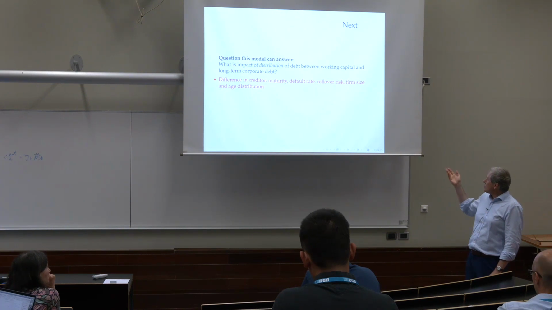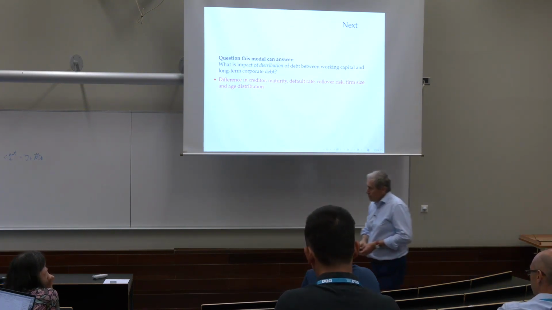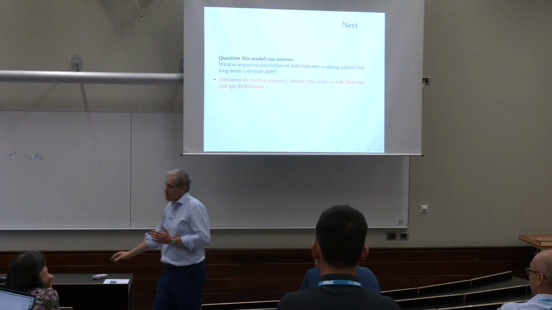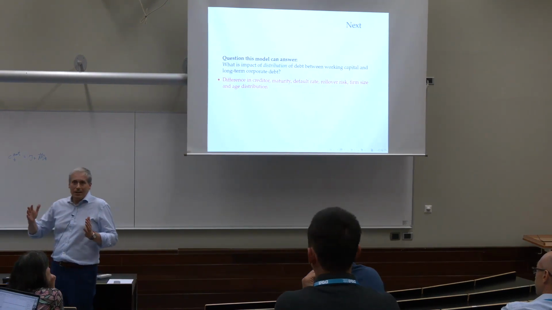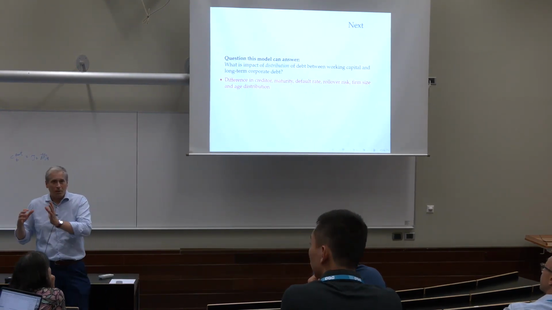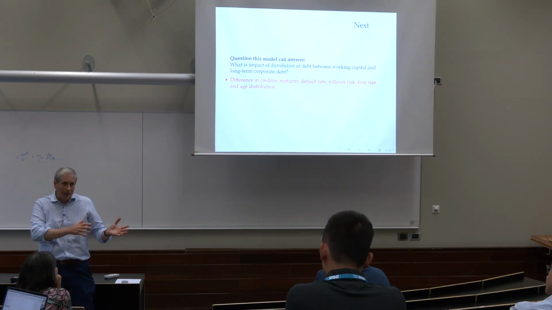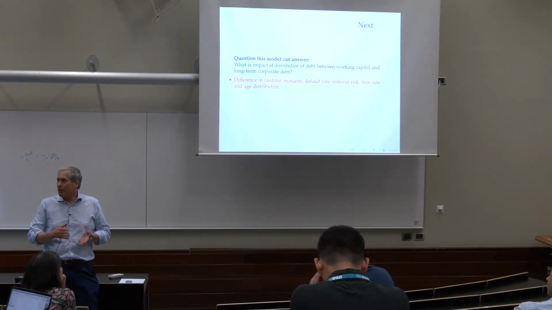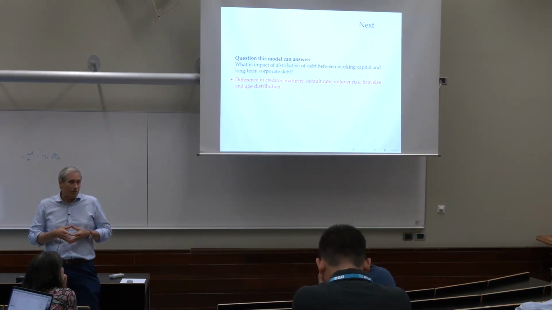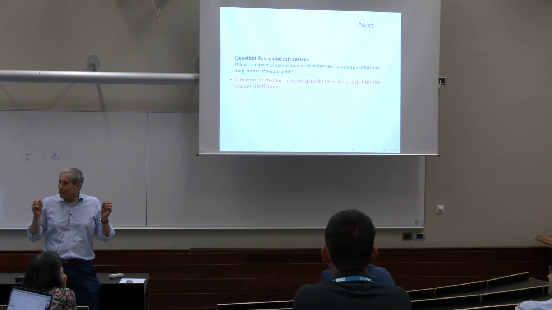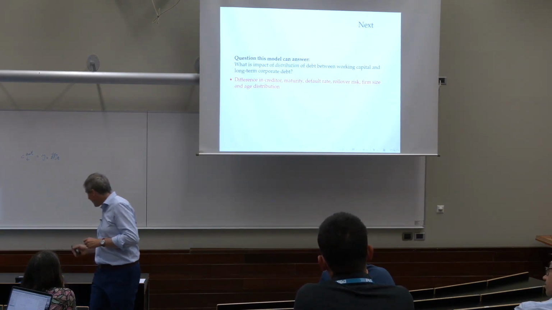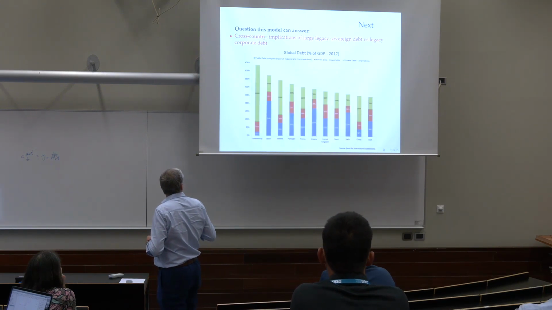default rate, the risk of rollover, and also firms could have access to different types of credit depending on more long-term corporate debt or more working capital liquidity, depending on their age and depending on their size. So you could get a lot of very interesting considerations.